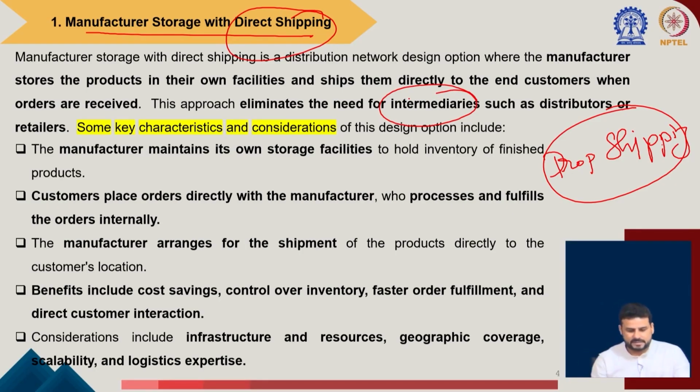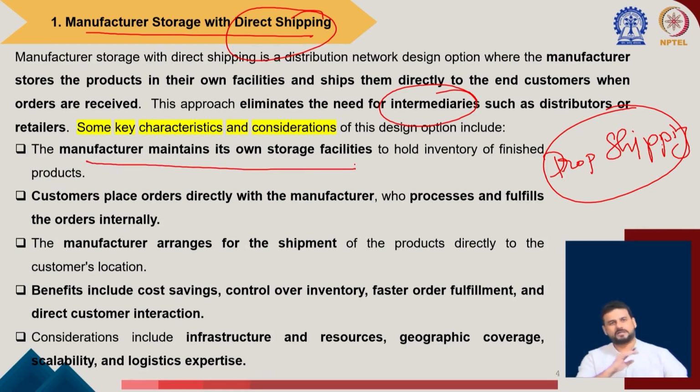So some characteristics and considerations of manufacturer storage with direct shipping. Here the manufacturer maintains its own storage facility and holds the inventory, right. So he is directly responsible for the inventory cost. Having said that, the manufacturing location will be somewhere central. So that means inventory cost can be minimized because you are not maintaining inventory at different locations.